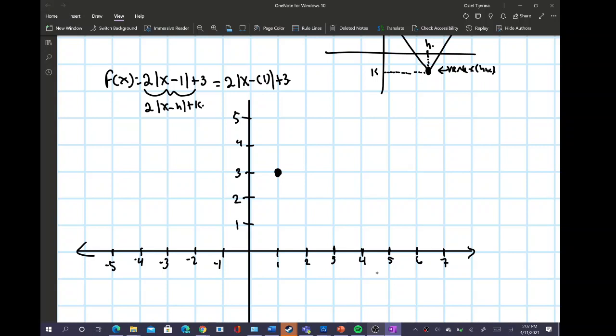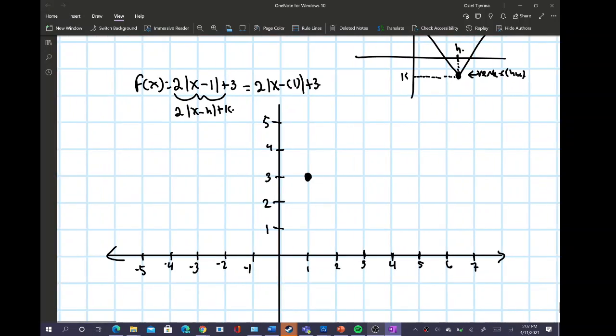Now your slope, this part here is your slope. So your slope is m equals 2. So you're going to go up 2 and to the right 1. Now when you're doing absolute value, you have to do the opposite.